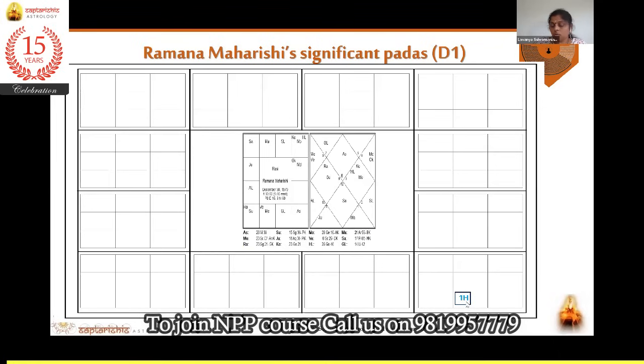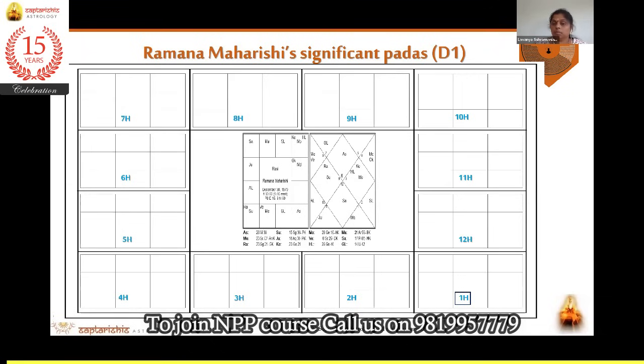Now this same pada we are going to choose here as the second house. Now the third house, fourth house, fifth house, sixth house.